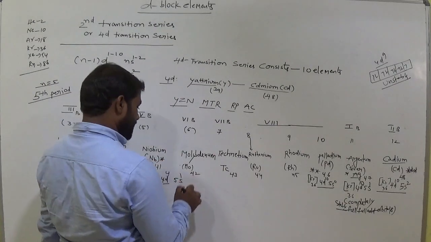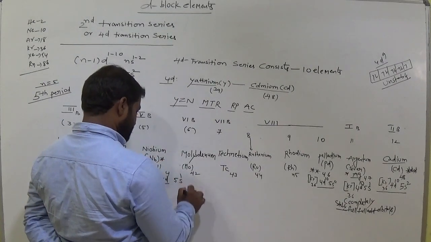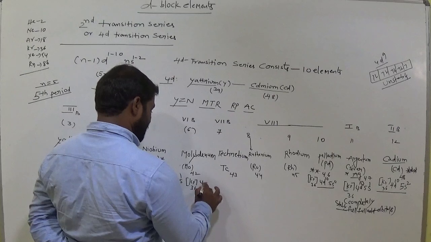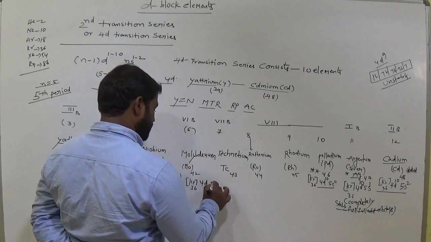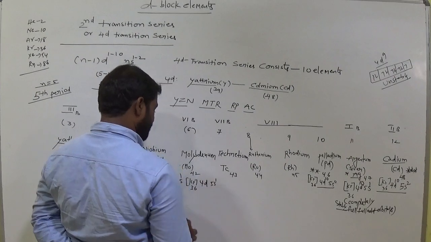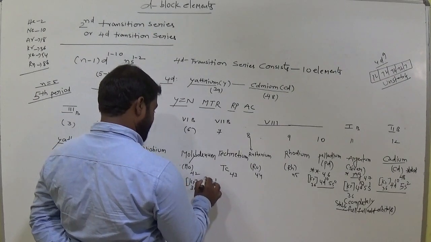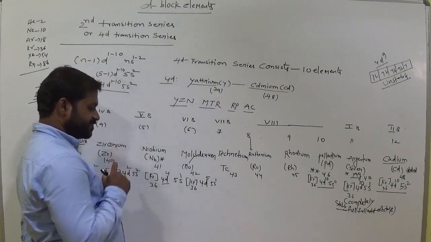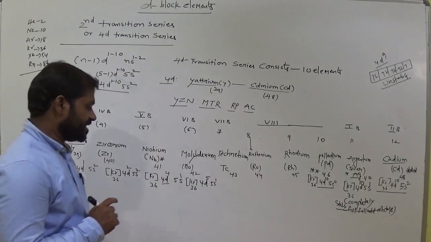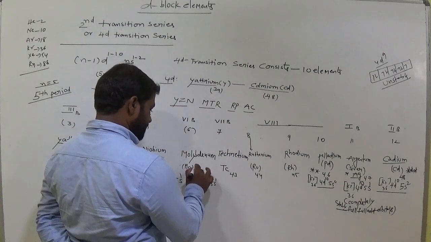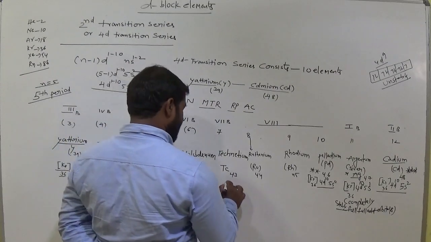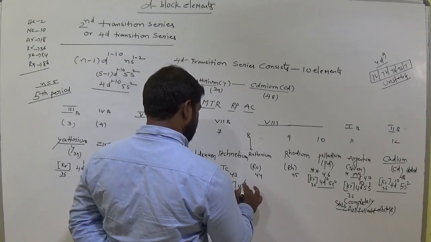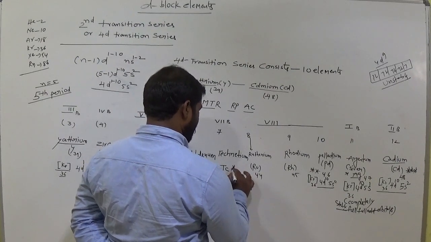Okay, and for molybdenum, Mo, we take it as: up to krypton, 36 electrons are there. Then 4d 5s, here also 5s1, 36 plus 5d5 now, 36 plus 5, 41 plus 1, 42. Clear? So this is the specific electronic configuration. For technetium it is krypton 36 4d6 5s1.